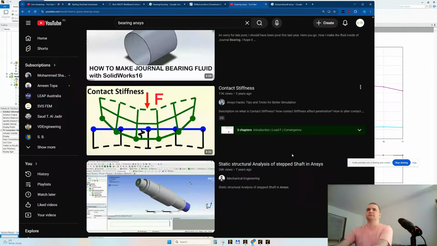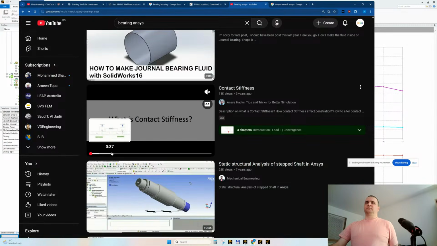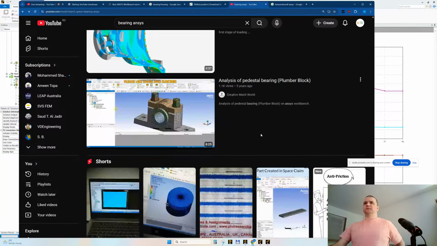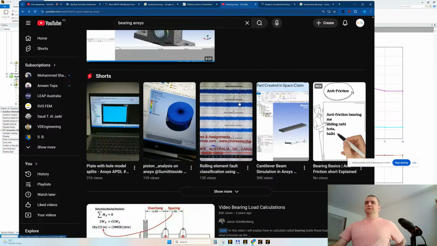It might be acceleration. Yeah, nice FEA. So, contact stiffness. Yes, this is. We will discuss about this in the next streams. Pedestal bearing.